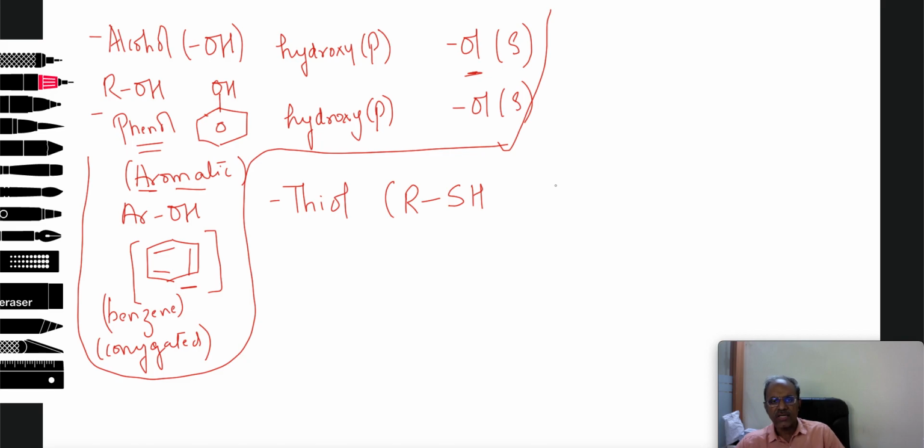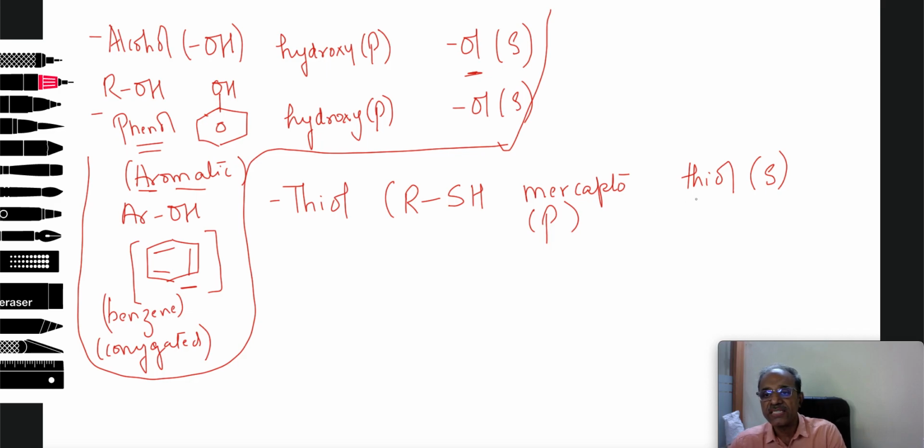Now for thiol the prefix happens to be mercapto, and thiol happens to be the suffix. Suffix is thiol, and mercapto is the prefix.